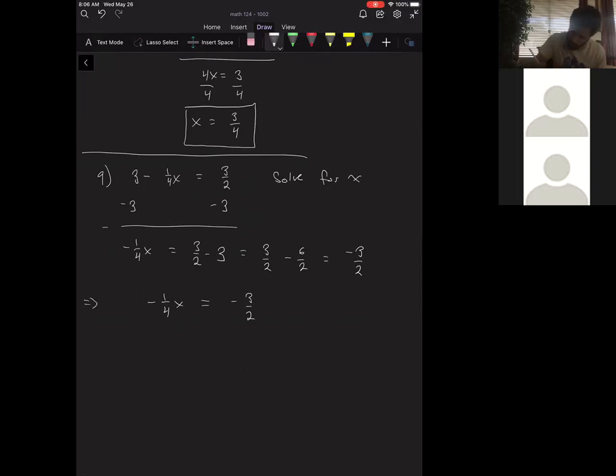To get rid of this 4 on the bottom on the left-hand side, we multiply by a minus 4 on the left, and also multiply by that minus 4 on the right-hand side. On the left-hand side, those minus 4s cancel, and we're just going to have an x. On the right-hand side, a minus 3 times a minus 4 is 12, divided by 2, and that's equal to 6. So we get x is equal to 6.